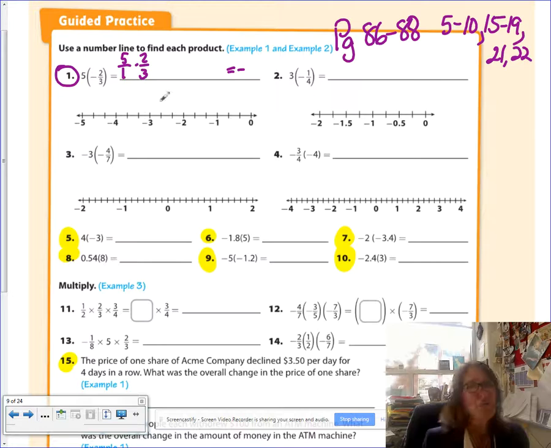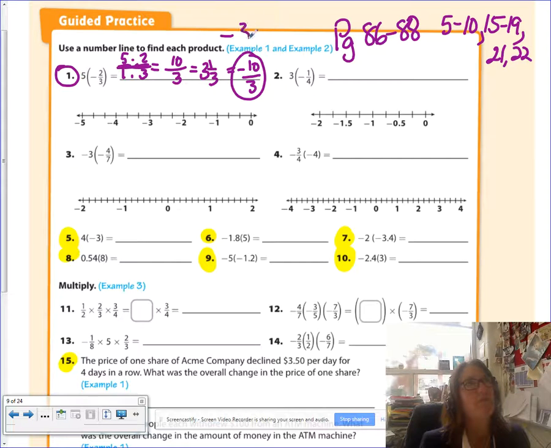When you multiply fractions, you can make one giant fraction and multiply your numerators and denominators. I see no common factors. I get 10/3. You can leave it that way or rewrite it as the mixed number 3 1/3. You're not done though. Remember when I said my final answer is negative? So I would write it this way, negative 10/3, or if you prefer, negative 3 1/3.